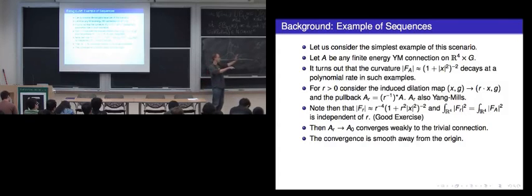A limit of such a thing would be a constant function, and a constant connection means a trivial connection. So certainly we have smooth bounds away from the origin, and it limits to something. That something will be flat, with no curvature, because all the curvature is 0 outside of here. So our A_r converge to some A naught, which is just a trivial connection. It's 0 in our coordinates, if you want. It's a flat connection.